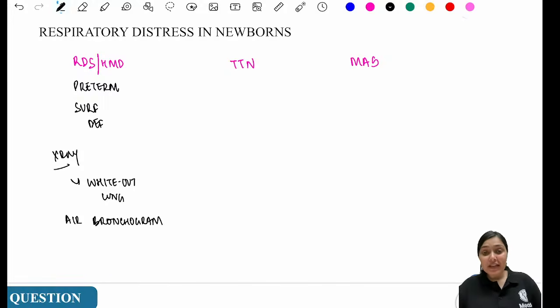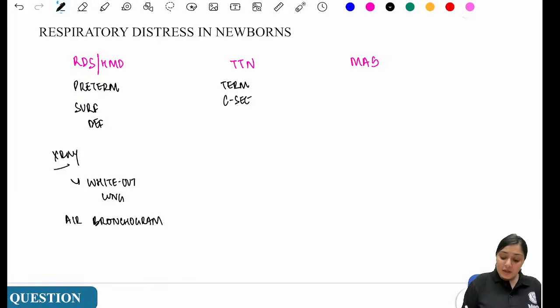Then we have TTN, transient tachypnea of newborn. This we see in term babies who are born via C-section. Because they're born by a C-section and not through the vaginal canal, there will be some fluid retention in the lungs, and because of that fluid retention, the child develops respiratory distress. This respiratory distress is very transient. Eventually, that fluid will be resolved and the respiratory distress will disappear.